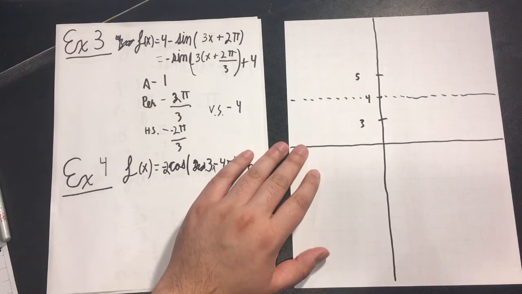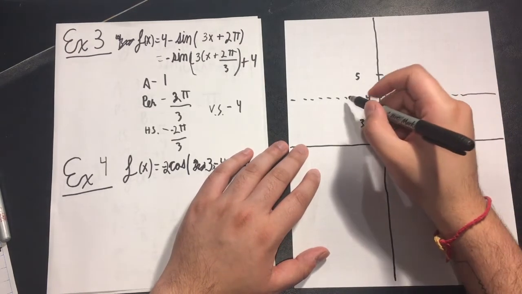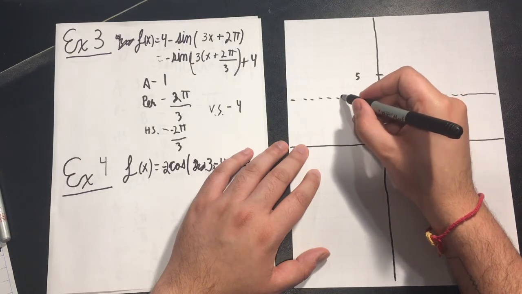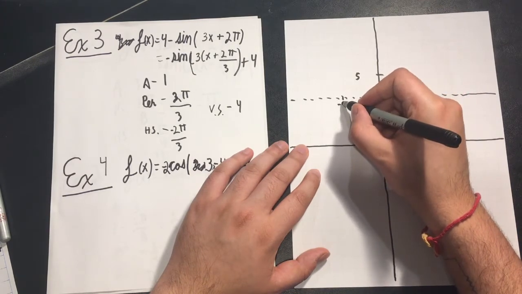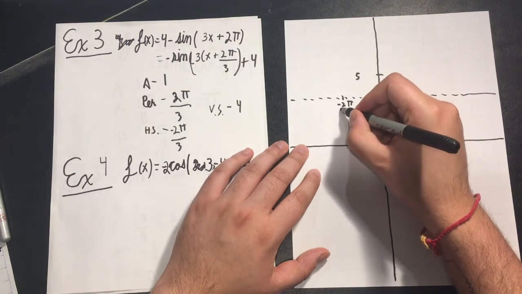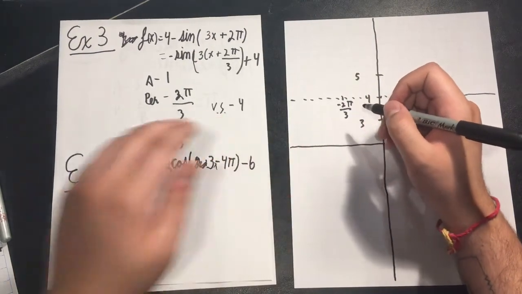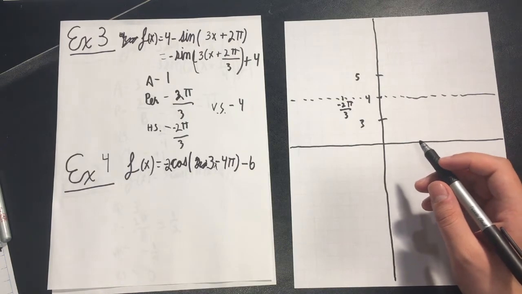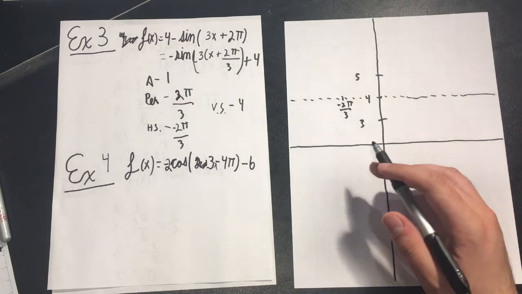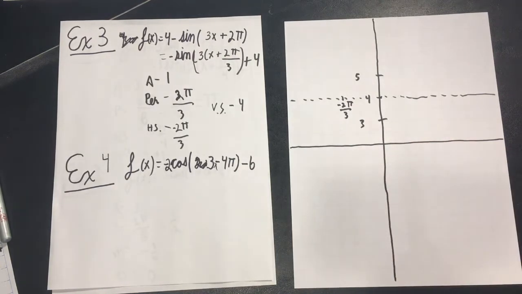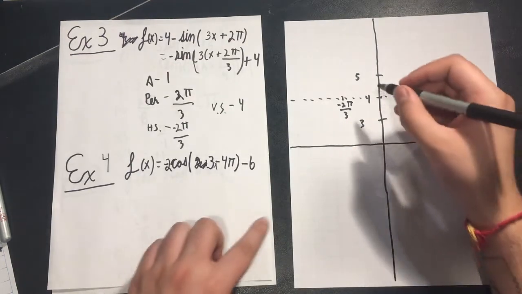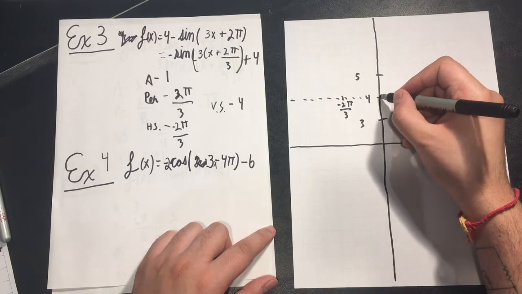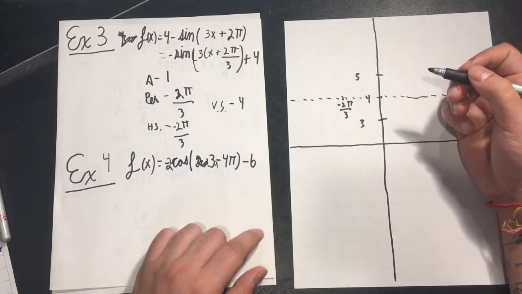We use our horizontal shift to determine that. And that's going to be right here. Negative 2 pi over 3. Okay, now all we have to do is add 2 pi over 3 to find our ending point, because that's our period. And negative 2 pi over 3 plus 2 pi over 3 gets us to 0. That's where we're meant to end.